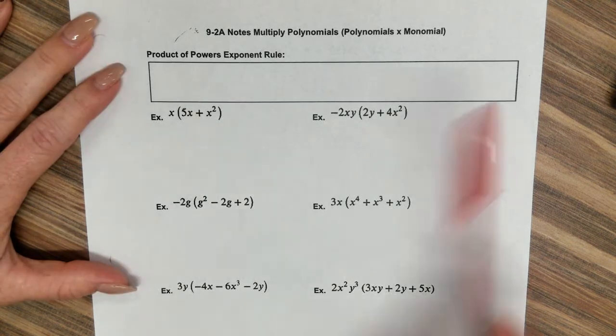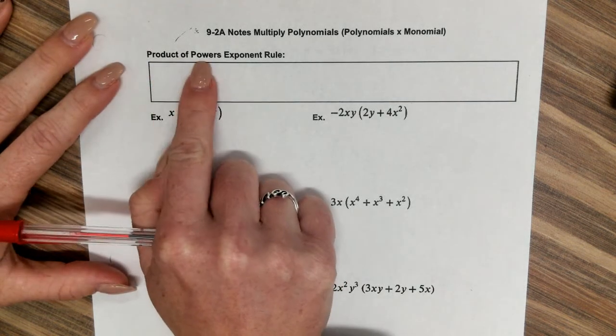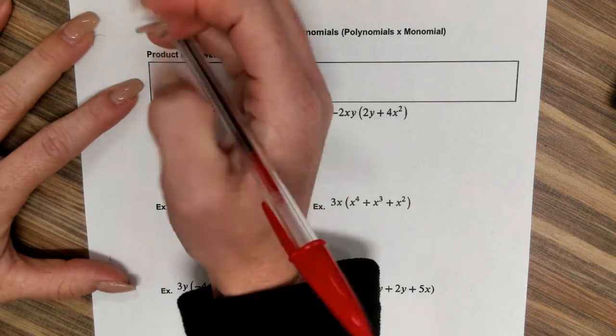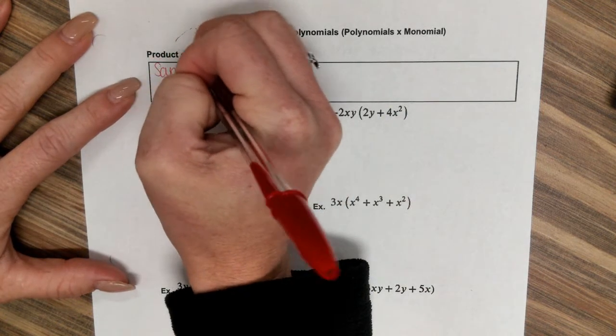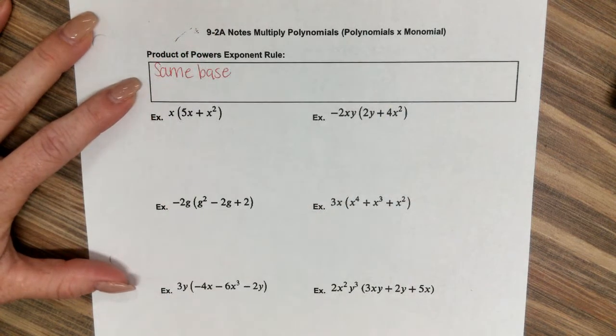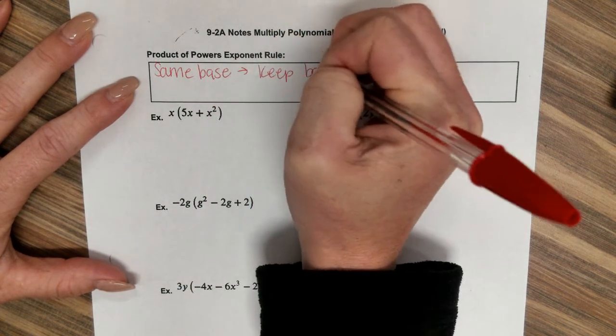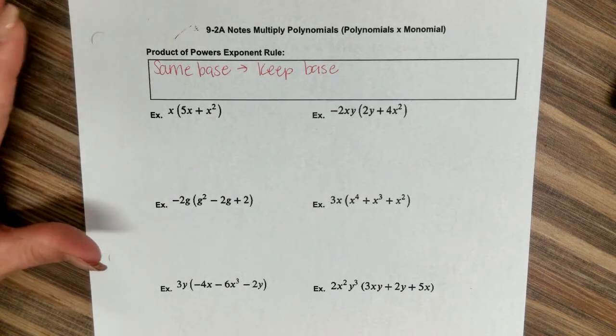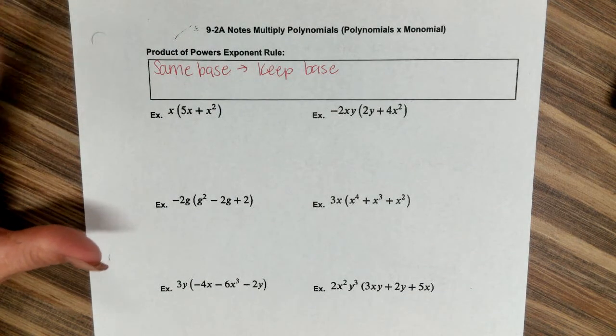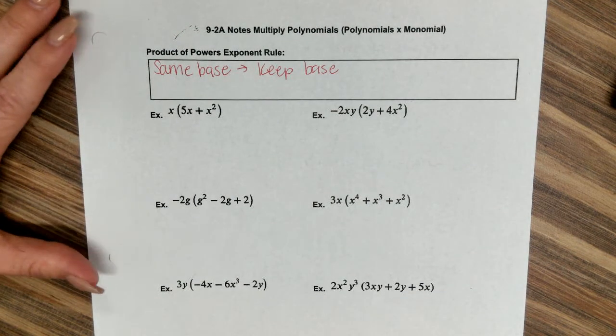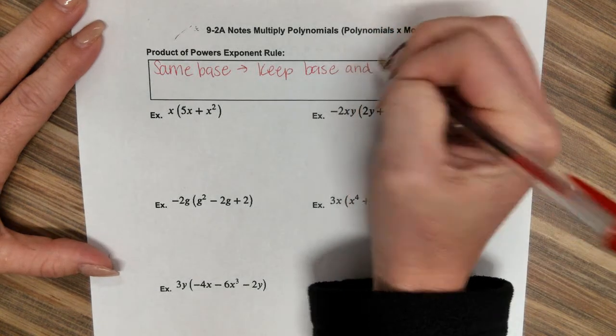So what you need to write right here where it says product of powers, if you have the same base, you keep your base, and y'all already know this. What do you do to your exponents? You add them and add the exponents.